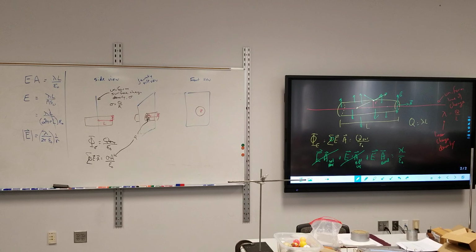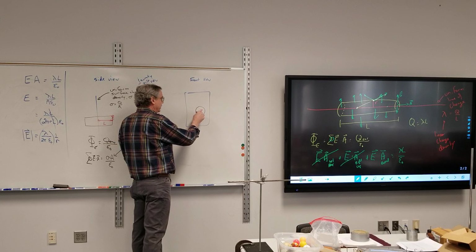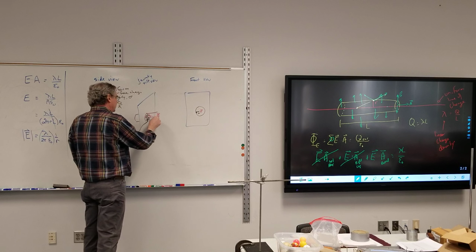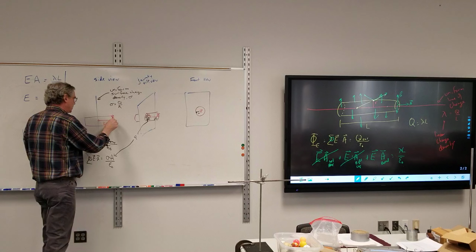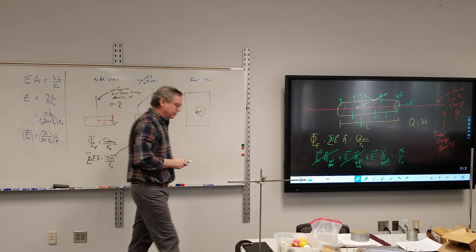That is the charge that is enclosed by my Gaussian surface. It is a cylinder. I do need to give at least some dimension of distance here, so why don't we just cleverly call that little r. So little r is the radius of the cylinder.